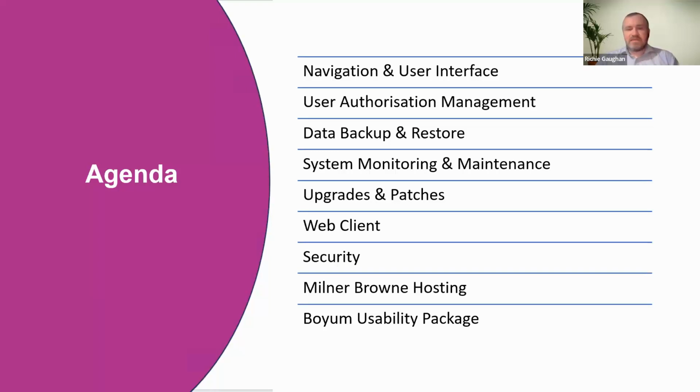System monitoring and maintenance. So I'm aware that some of you on the call today will be very technical, but there may be other people who are less technical. And I think what I would like to cover today is the discussion in terms of the important elements of what keeps your system running fluidly, what keeps things running at peak performance, what are the potential pitfalls, what things do we need to keep an eye on.